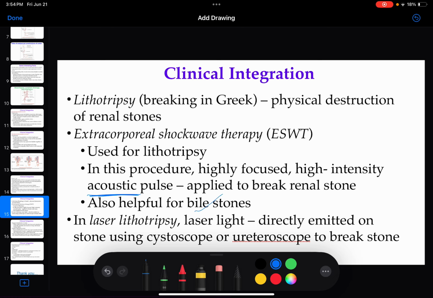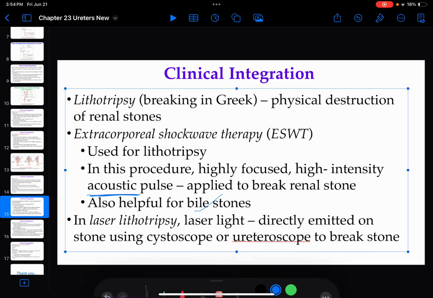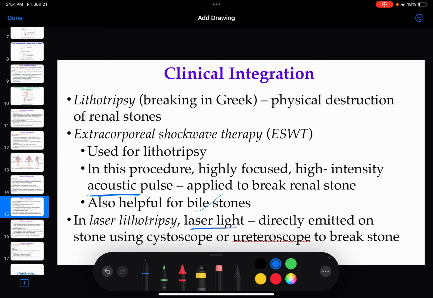In laser lithotripsy, you will use laser light that is emitted from the cystoscope. Cysto means bladder, a scope passing through the bladder to enter into the ureter, also called ureteroscope, to break the stones. So laser light is introduced through this ureteroscope to break the stones. So this is called laser lithotripsy.